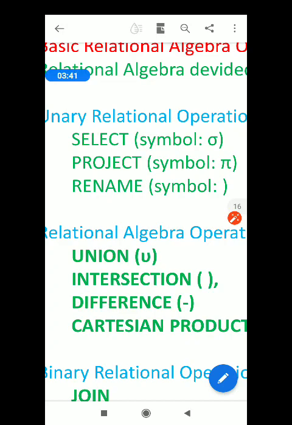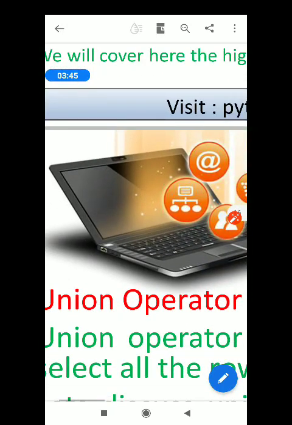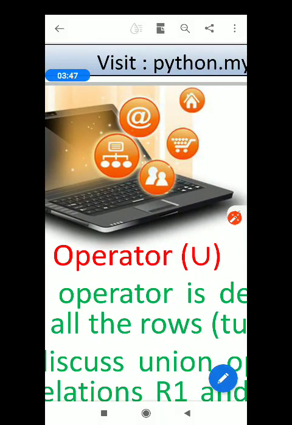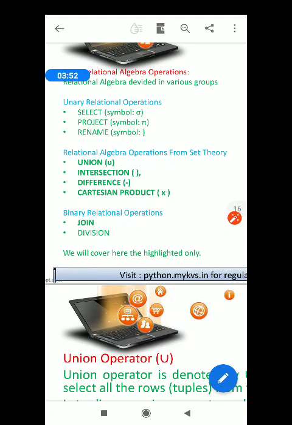First, write down relational algebra operations from set theory, because select, project, and rename we almost covered in class 11 syllabus. So here we are starting from relational algebra operations from set theory.